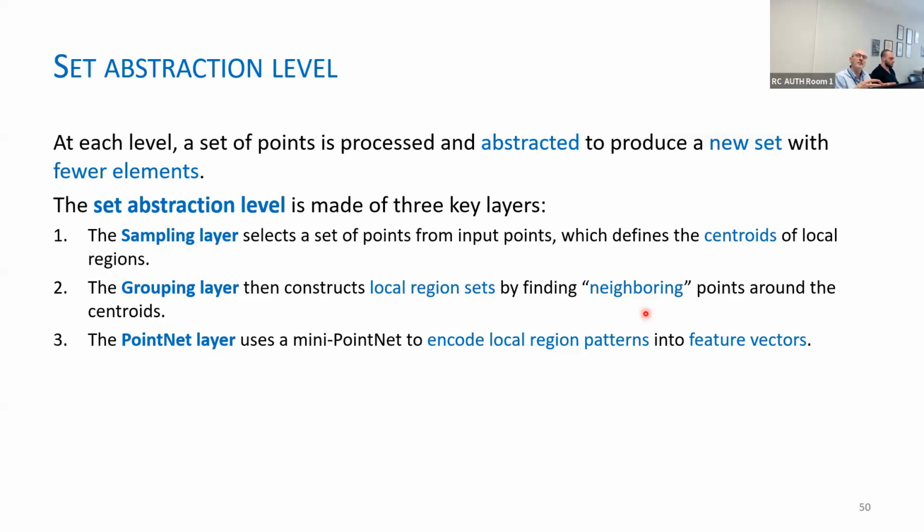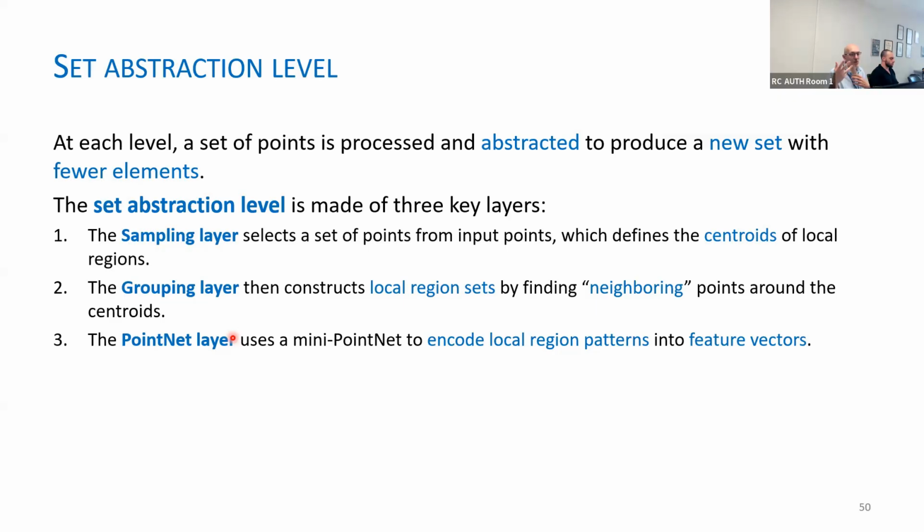And then after this sampling and grouping, there is a PointNet layer. So on this grouped set, we can operate with the PointNet layer. So at the end, PointNet++ turns out to be a combination of several PointNet layers on these local regions in the original set of points.